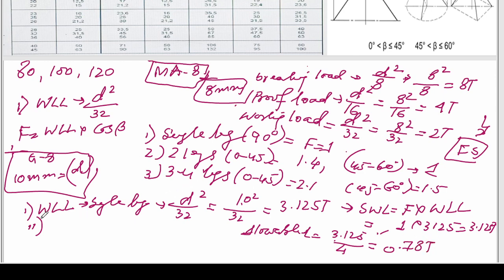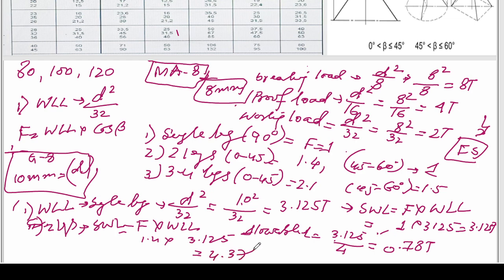Now take the same case for 2 legs. For 2 legs the factor is 1.4, so SWL will be 1.4 into WLL, that is 1.4 into 3.125, which will be 4.375 ton.